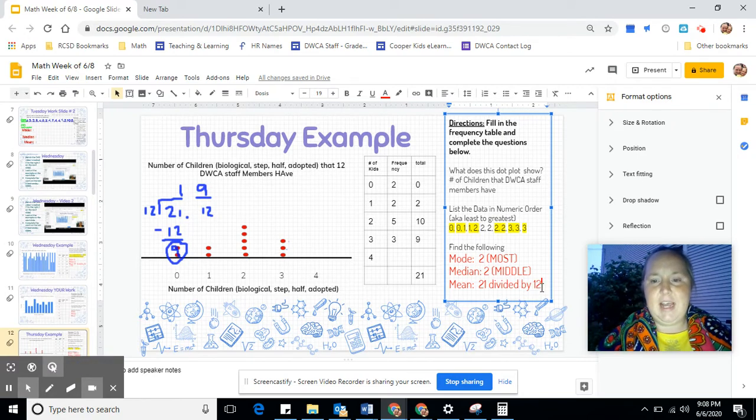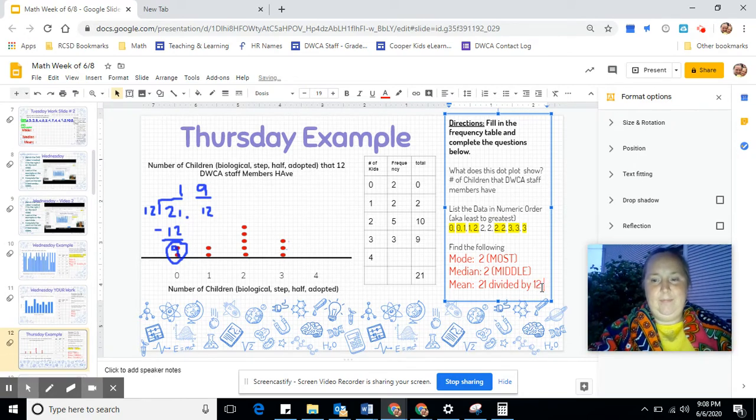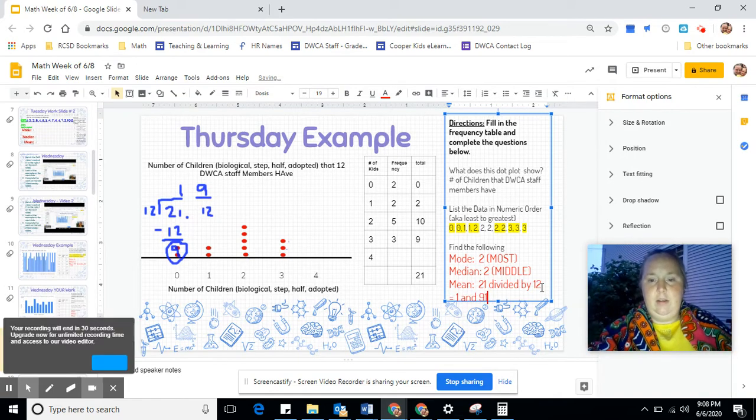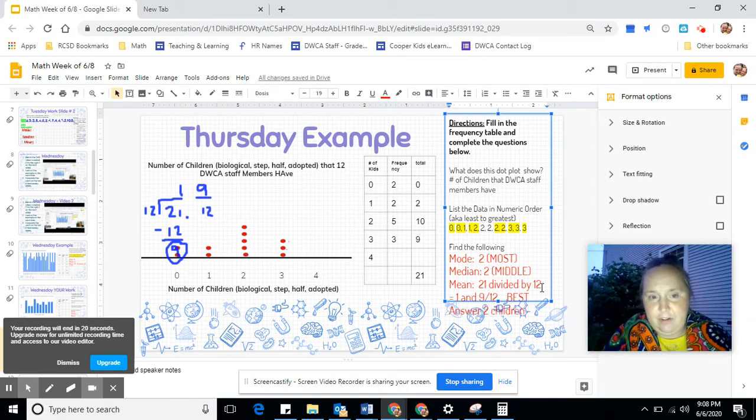However, can you have 9 twelfths of a child? No, not so much. 1 and 9 twelfths. So probably the best answer would be the closest number to 1 and 9 twelfths, which is 2 children. So the average or the mean Dr. Walter Cooper Academy staff member out of these 12 have 2 children.